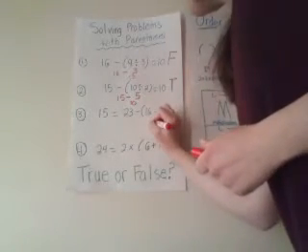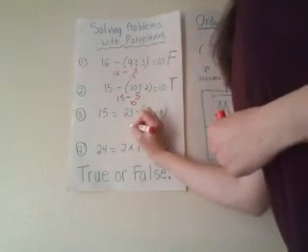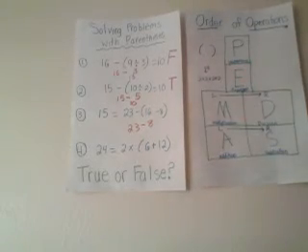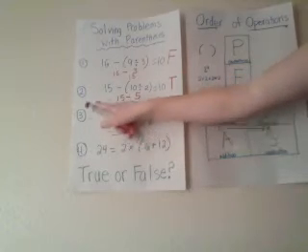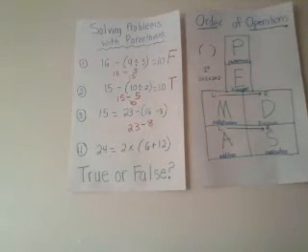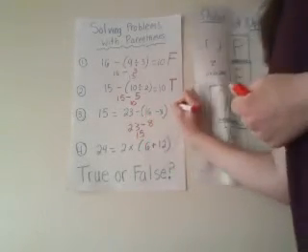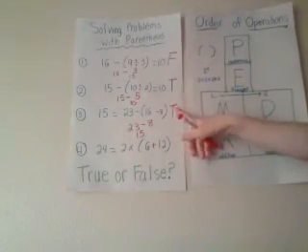Hopefully you came up with the answer of 8. I bring down the rest of my equation, so 23 minus 8. So as you think about solving that, 23 minus 8, currently our answer is 15. Do we agree that 23 minus 8 equals 15? Yes, 23 minus 8 does equal 15, so again, this statement is true. I put a T for true.